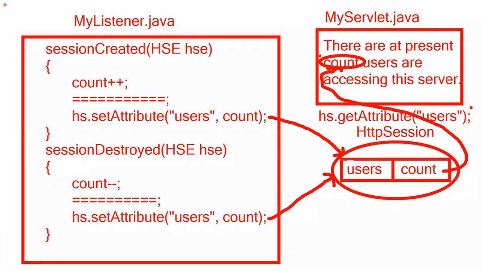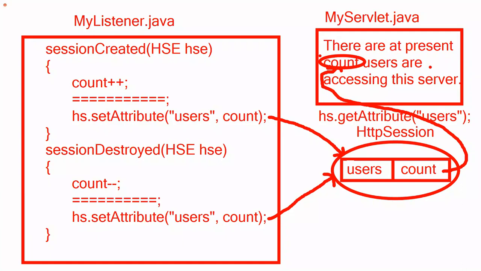Session created, session destroyed. Here also set attribute, here also set attribute, here get attribute. There are at present 5 users, there are at present 10 users accessing this server.